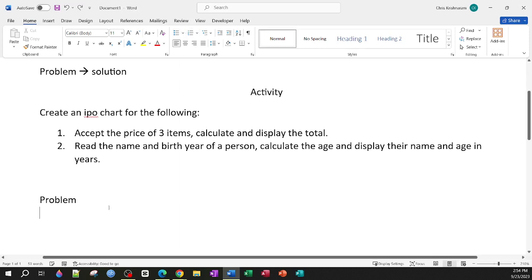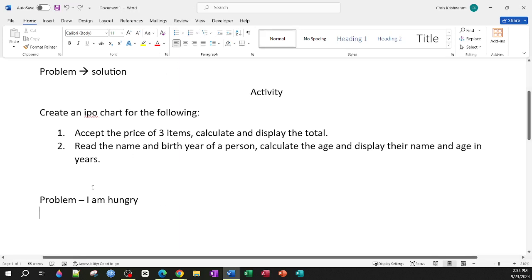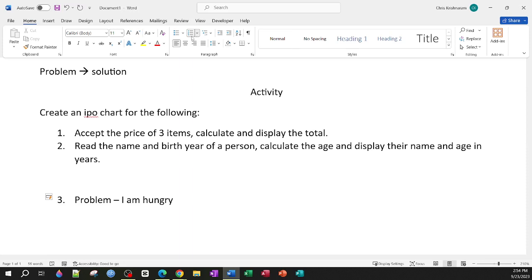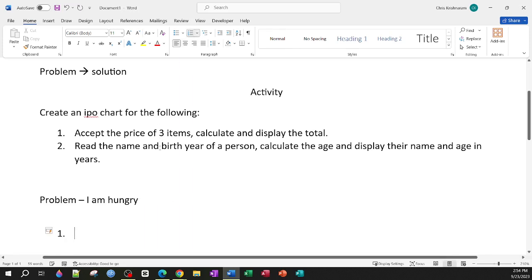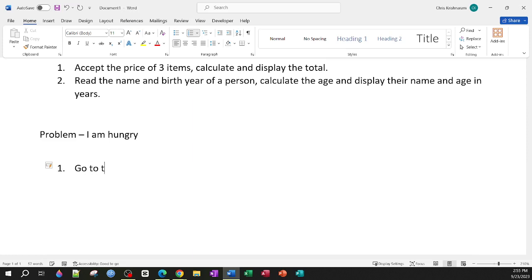Problem, I am hungry, and then I said we can go to the supermarket, buy ingredients, things like that. We would have discussed that in the last class.